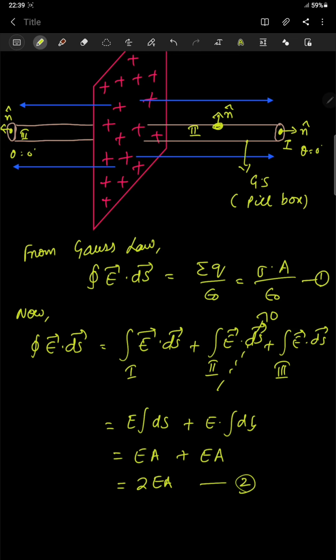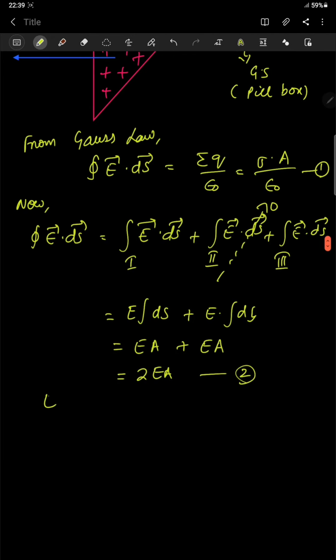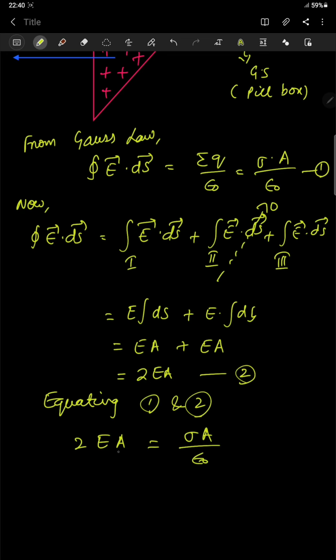Now if you see equations 1 and 2, the left hand sides are equal. So equating 1 and 2, we have 2EA is equal to sigma A by epsilon naught. So A gets cancelled out. E will be equal to sigma by 2 epsilon naught.